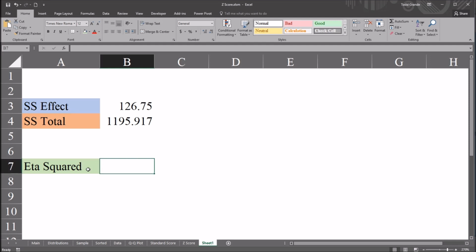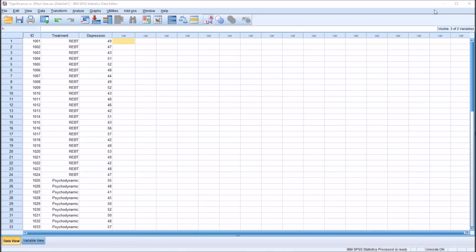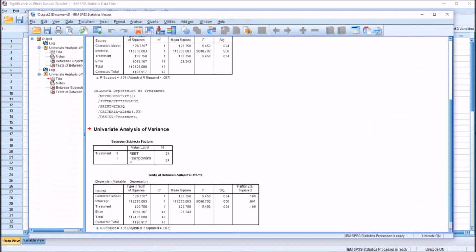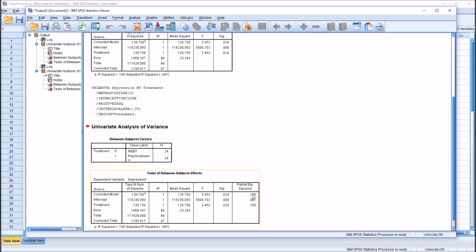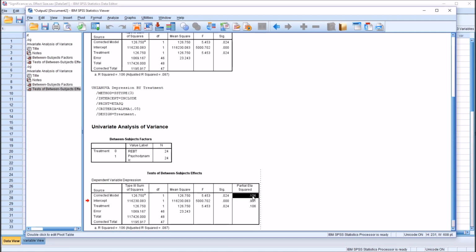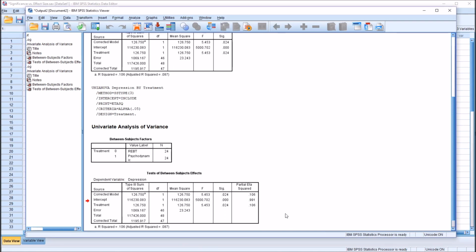And here for this eta squared function, this would simply be equal sign sum of squares effect divided by sum of squares total. We get 0.1059. So moving back here to SPSS, partial eta squared here, if I double click and we expand this, 0.1059.